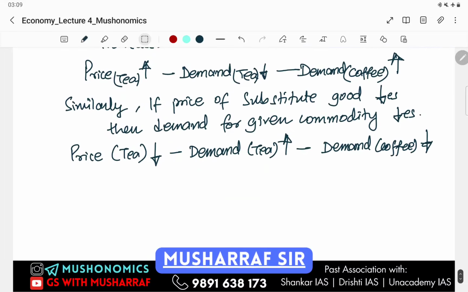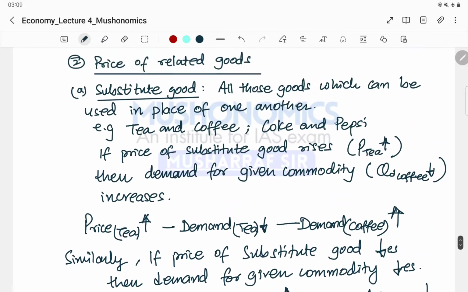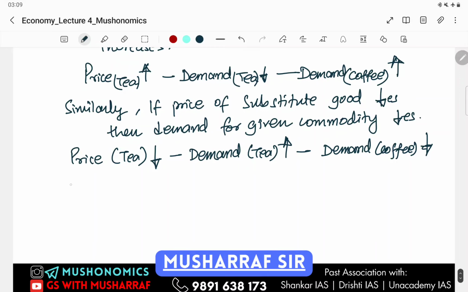Okay, let's come to another part, that is complementary goods. This is substitute goods. Let's come to the second part, that is complementary goods. So first, let's understand what complementary goods are.